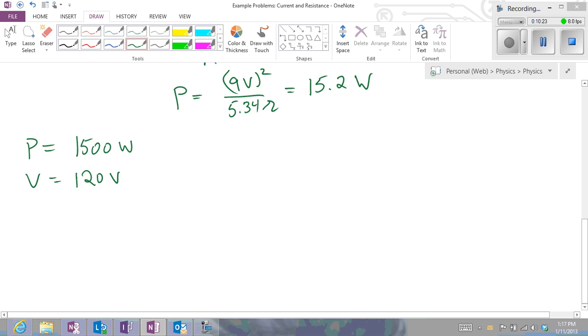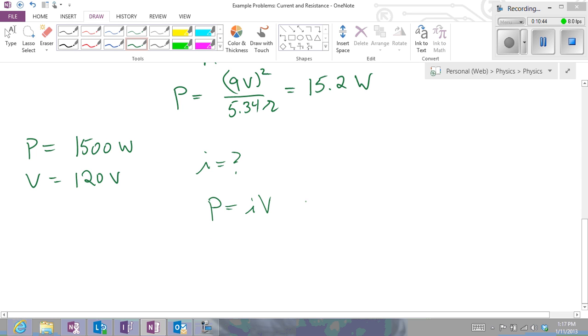So given that, how much current is being used in my circuit by my hairdryer when I'm running it? So how much current, I, is being used? Well, we have to find a relationship that's going to relate power with voltage and current. And we know the standard definition of the power in a circuit is going to equal IV.